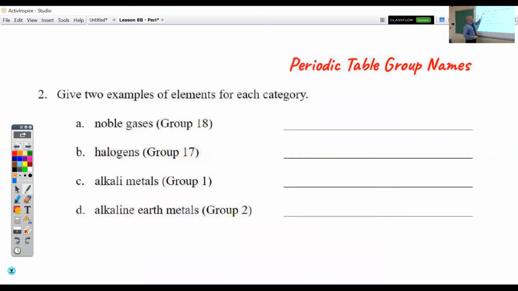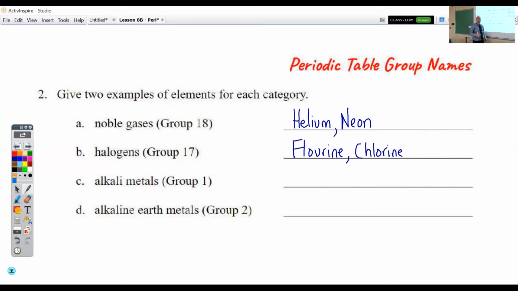So give 2 examples of elements from each category. So I'm just going to pick the first 2. So for the noble gases, we'll pick helium and neon. So 2 examples. From group 17, we can pick fluorine and chlorine.